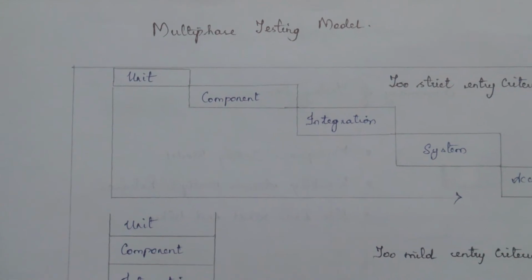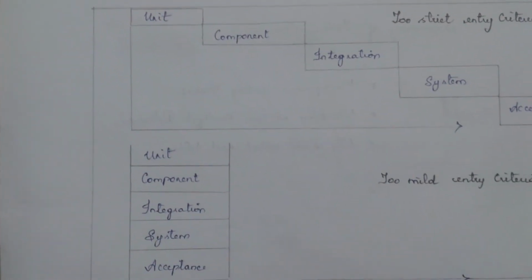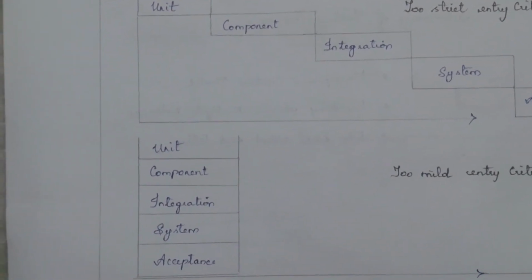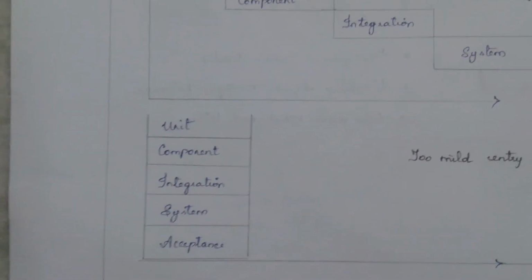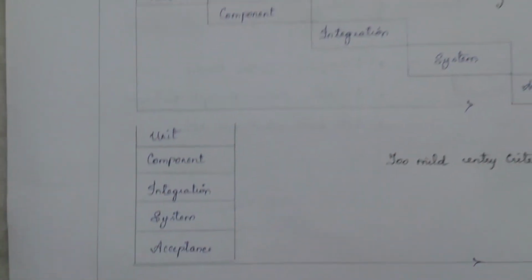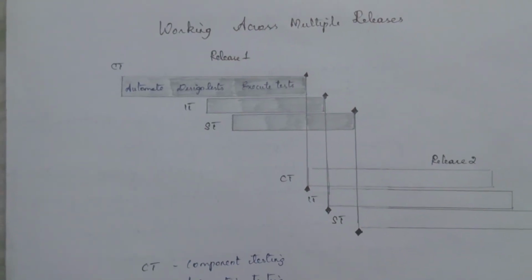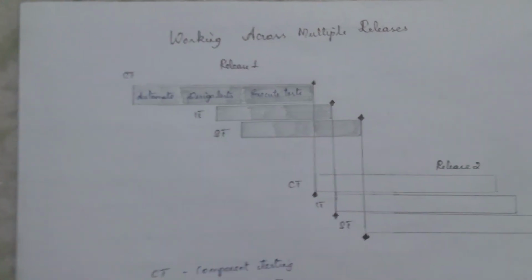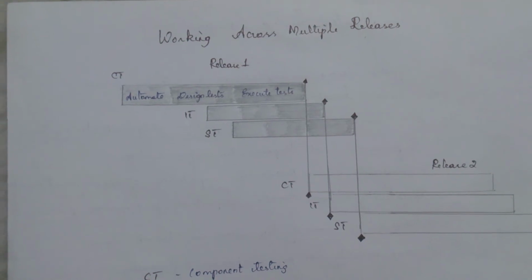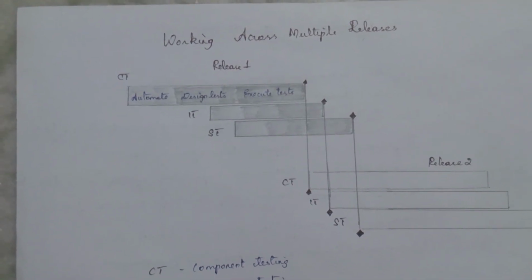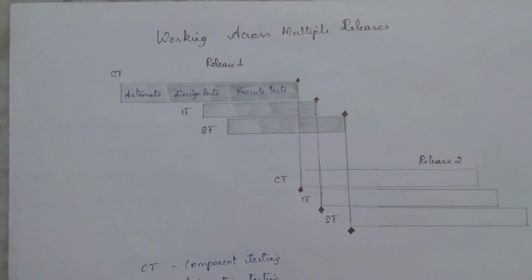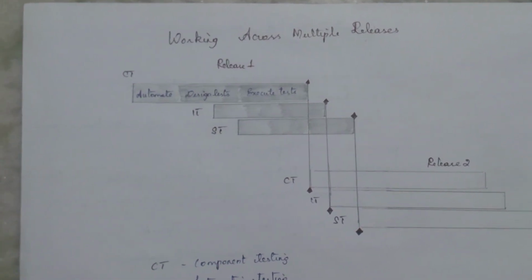And the next one is the team performing the earlier phase has the ownership to meet the entry criteria of the following phases. This is also depicted in this picture. Working across multiple releases, as explained earlier, separate test teams for each phase of testing increases effectiveness. It also creates an opportunity for a test team to work on multiple releases at the same time.